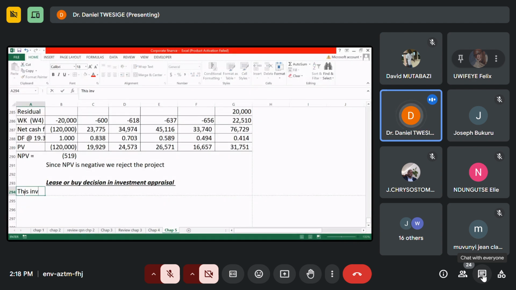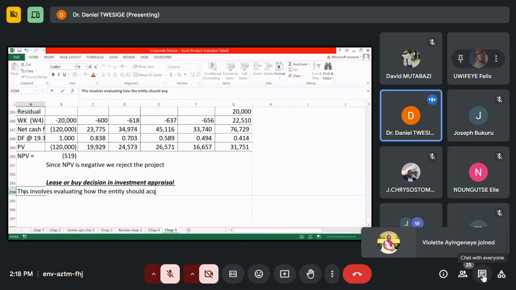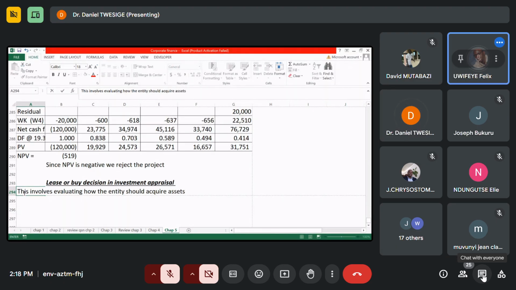This involves evaluating how the entity should acquire assets.